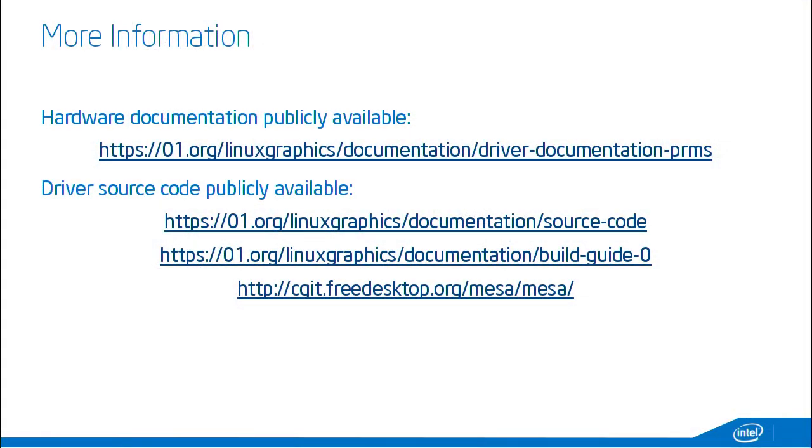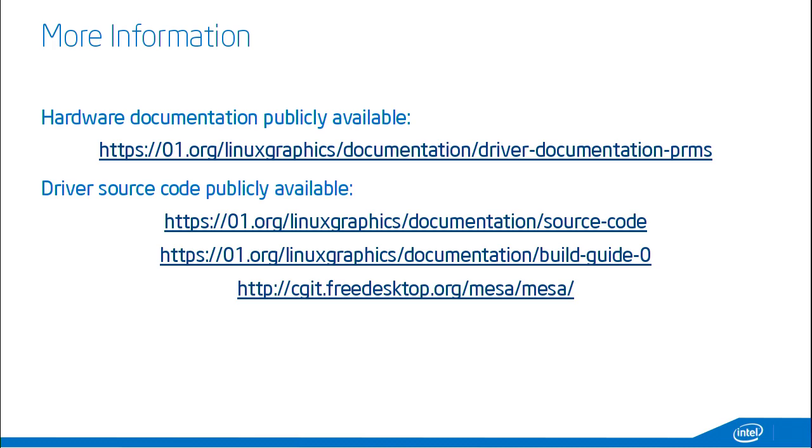All of our hardware documentation is publicly available. You can go to these links right now and download documents for our chips back quite a number of generations, and I believe the documentation for Haswell GPUs was just posted fairly recently. All of our driver source code is also available.